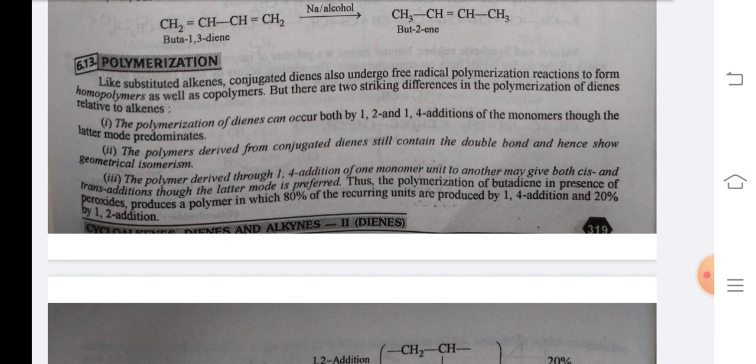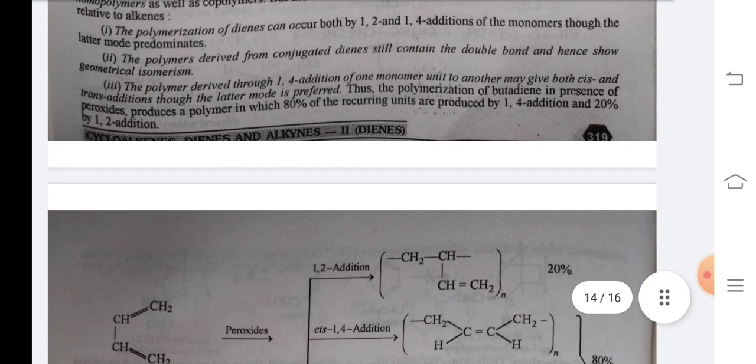Second, the polymers derived from conjugated dienes still contain the double bond and hence show geometrical isomerism. Third, the polymer derived through 1,4 addition of one monomer unit to another may give both cis and trans addition, though the latter mode is preferred.